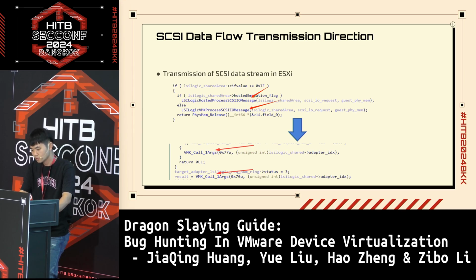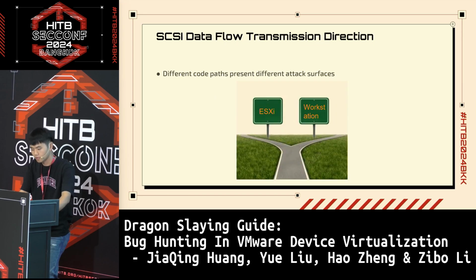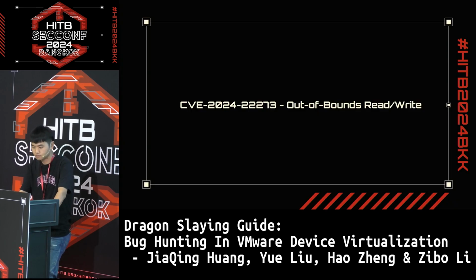Otherwise, it goes to VMK process SCSI IO message, then to VMKernel through VMK call X. Because of this small code gap, ESXi has a new attack surface that Workstation does not have. Next, I will introduce the vulnerabilities we found on those two different paths.